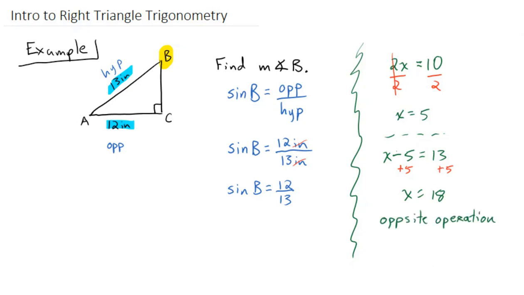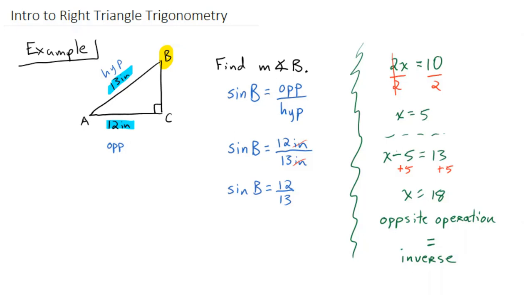Alright, those are opposite operations, but another word for them that we shelter people from is that they're the same thing as what's called the inverse operation, or I'll just say the inverse here. So if we invert something, we undo it or we flip it around or something like that.